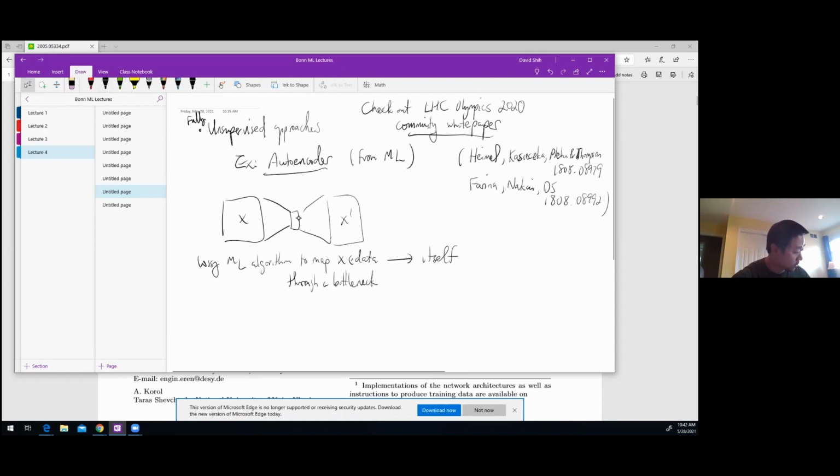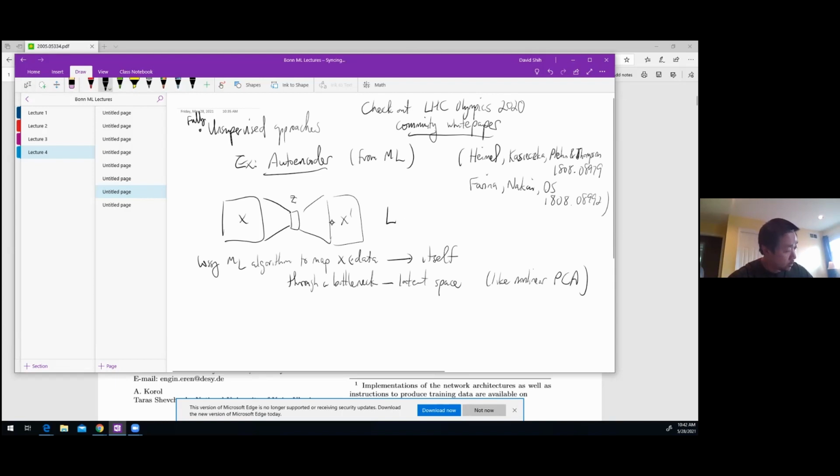It has to pass through a bottleneck, which is called the latent space, which we call Z. The idea is that the autoencoder is forced to learn some latent description of the data which can describe the data the best. It's like a non-linear version of principal component analysis, if you've heard of that before.